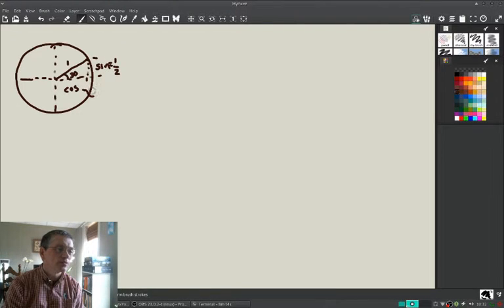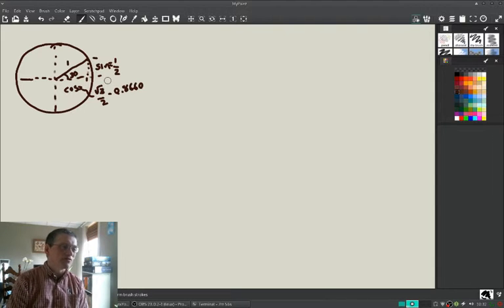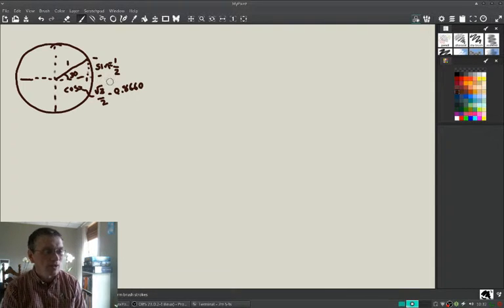Sine of 30 equals 1/2, and cosine of 30 is this length, which is square root of 3 over 2. It's just the length. If you calculate it out, it's 0.866 roughly. You see that number in your calculator a lot if you've done maybe 1,000 of these problems.